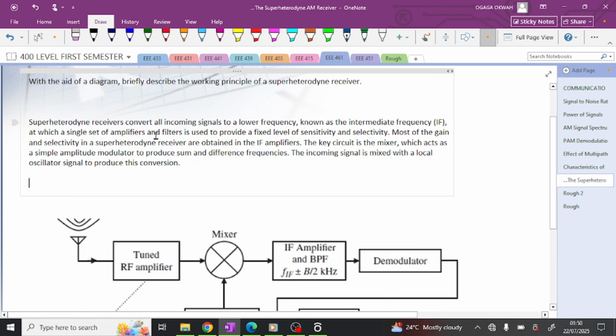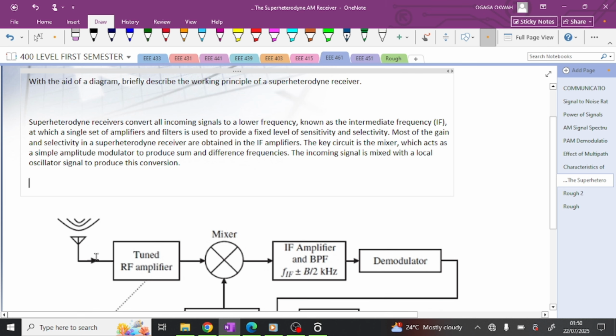The receiver converts all incoming signals. Look at it, incoming signal. This is the wave received through the antenna. Now it converts all incoming signals into a lower frequency known as the intermediate frequency, IF.